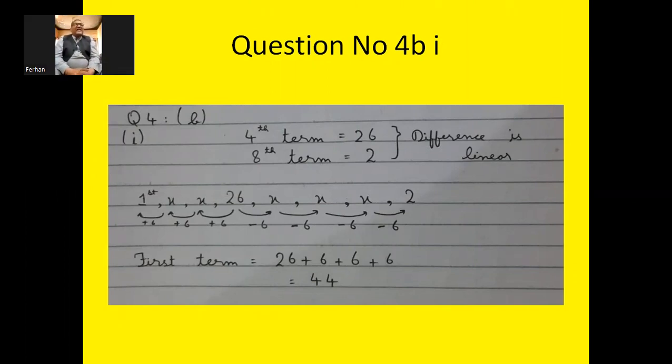So the technique used here: first term we don't know, and the second term, the third term, and then the fourth term is 26, and then the fifth term, sixth term, seventh term, and the last term, eighth.